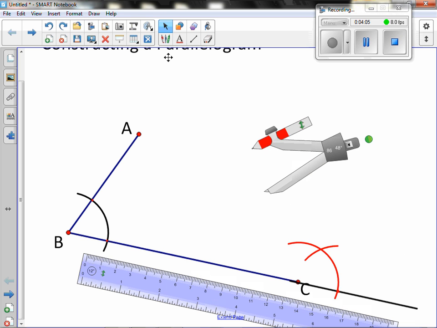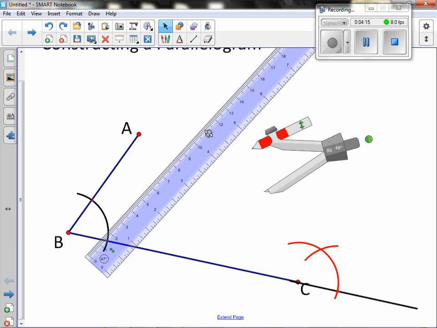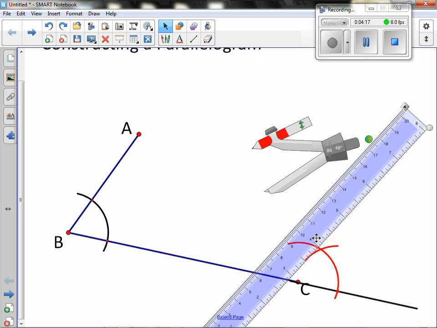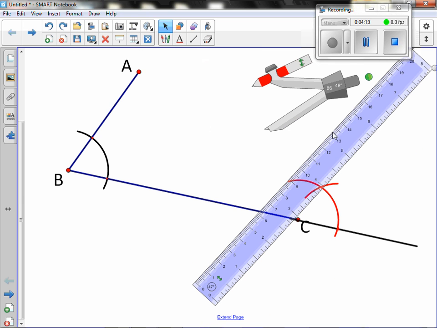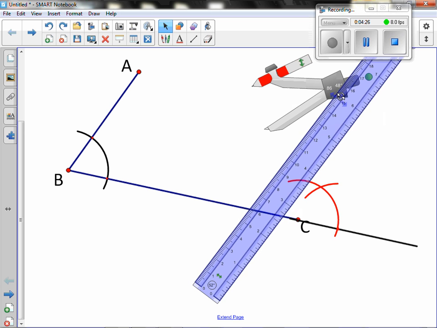That creates an intersection point for me. If I take my ruler, my straight edge, and join the intersection point of those two arcs to point C, I will have copied the angle and therefore created a parallel line.